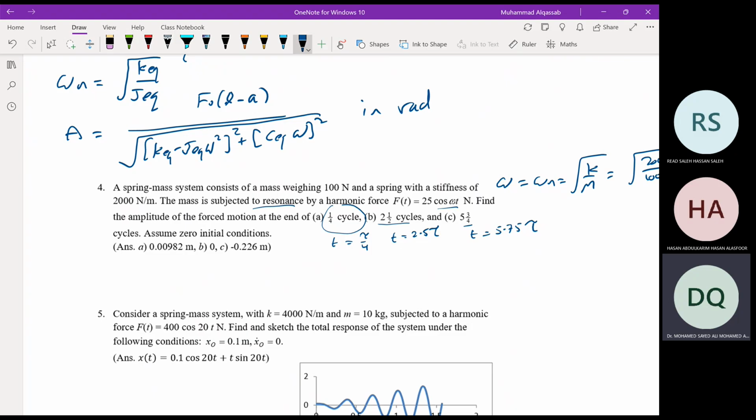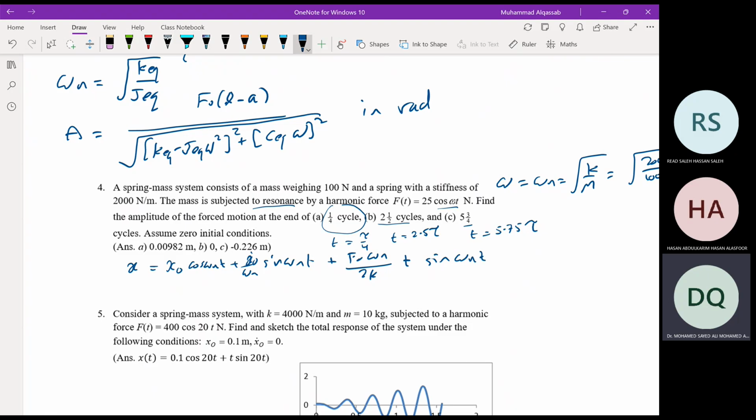And the equation we substitute in is the equation at resonance, x at resonance. For this undamped system, this is the total response. We have x0 cosine omega n t plus x0 dot over omega n sine omega n t plus f naught omega n over 2k times t sine omega n t.